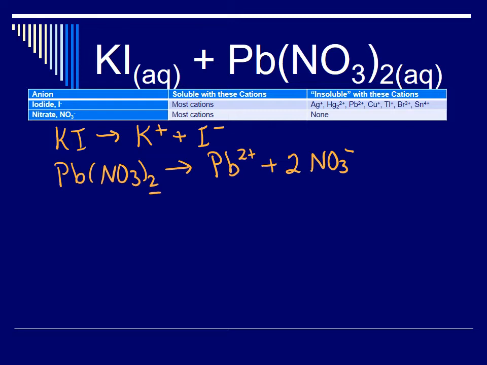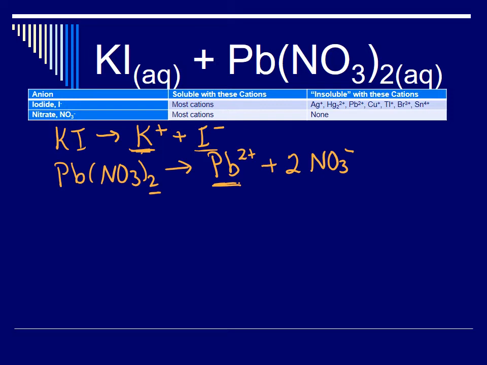So let's see here. This potassium, we know that if it reacts with the iodide, it's not going to form anything because, well, that's what we started with. And if we look at the potassium and we try to react it with lead, well, those two won't react. Why? Because they're both positively charged.